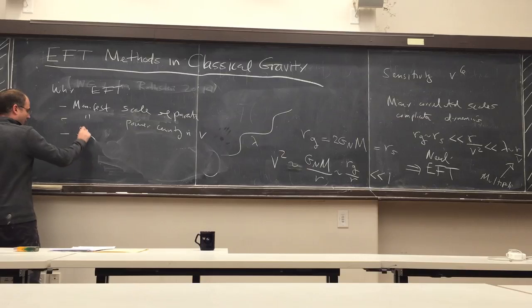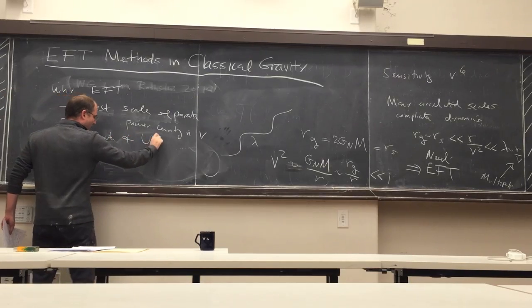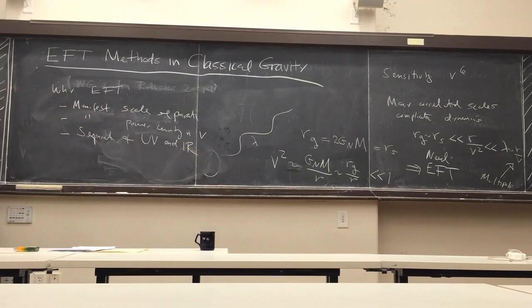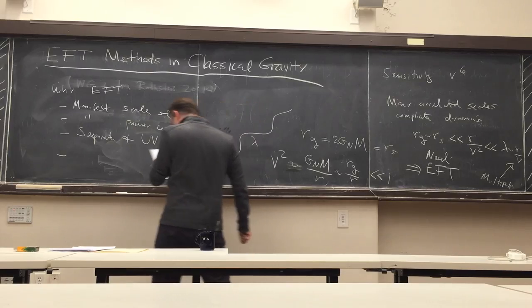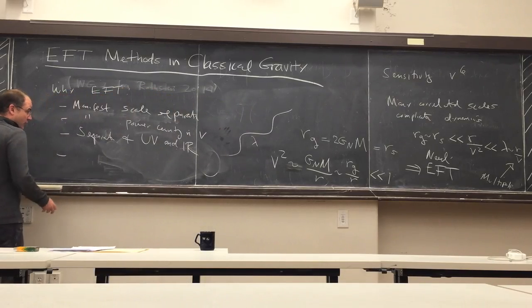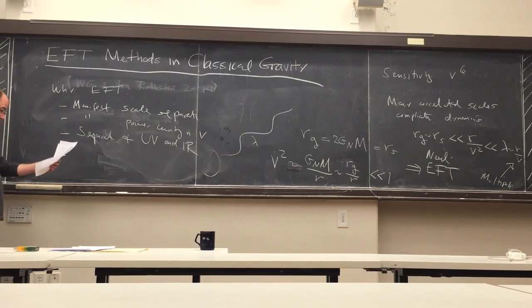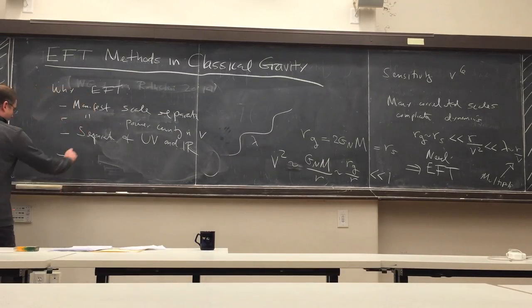Manifest separation of what is in the UV and what is in the infrared. So ultraviolet divergences get dealt with in the usual way by counterterms, and infrared divergences in the usual way cancel from physical observables. What else? Well, model independence.